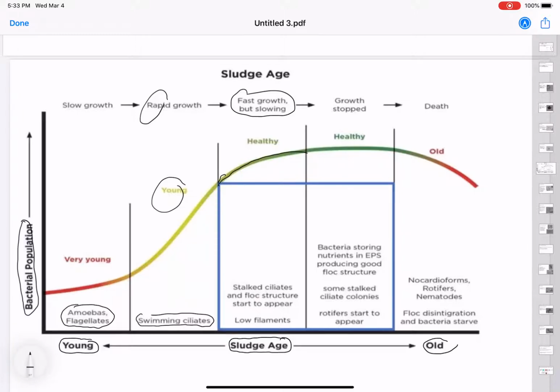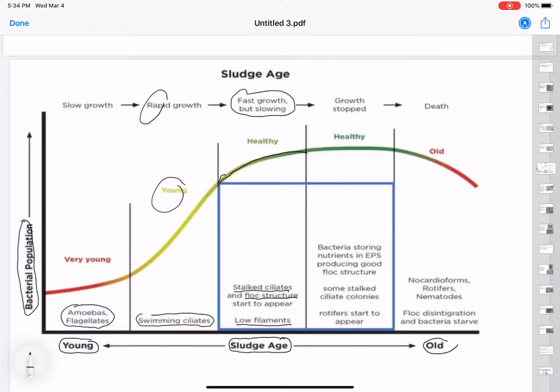So in our system, we need to have stalked ciliates. We'll be talking about these microorganisms in a few seconds. We need to see floc structure. Activated sludge floc structure is very strong, and we need to see low filamentous bacteria, and we'll see this in a few seconds too. This is healthy.